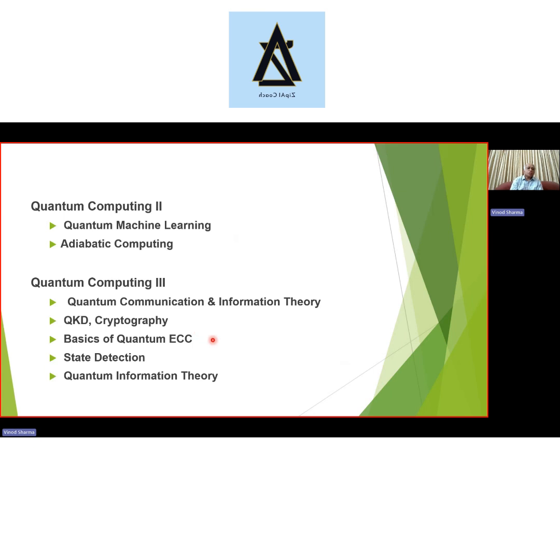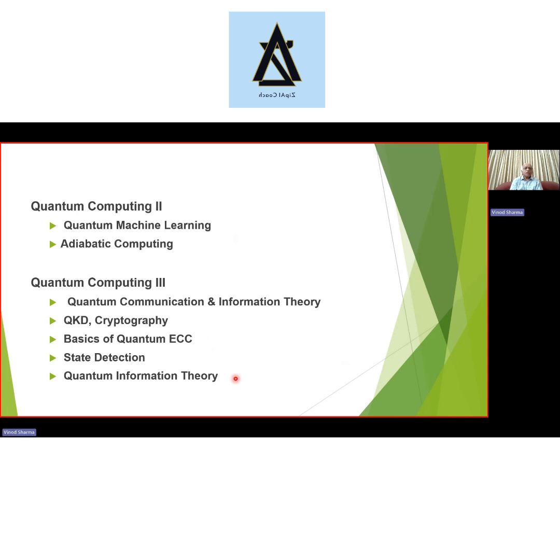We will also discuss the basics of quantum error correction codes, which are essential not only in quantum computers, but also in quantum communication. We'll briefly discuss state detection in quantum systems, which are the basis of quantum radars, which have become very popular nowadays, strategically and otherwise.